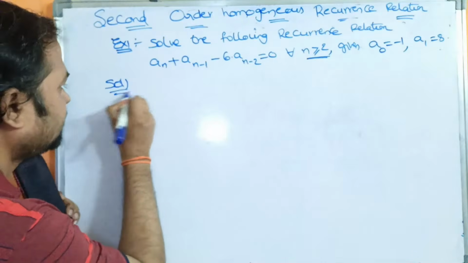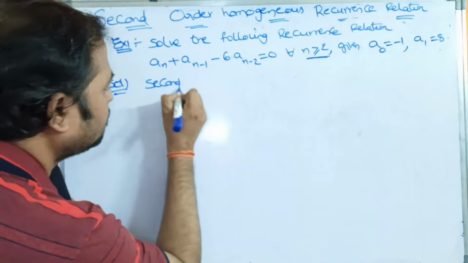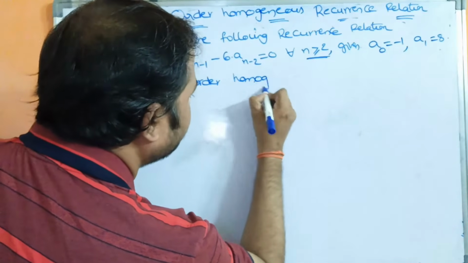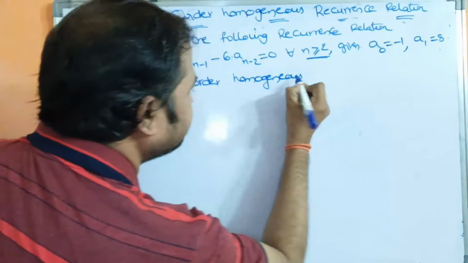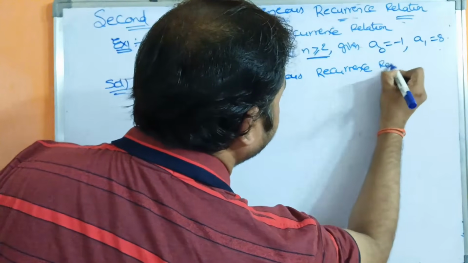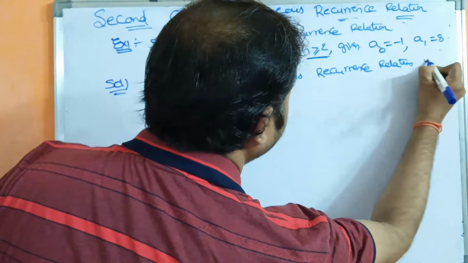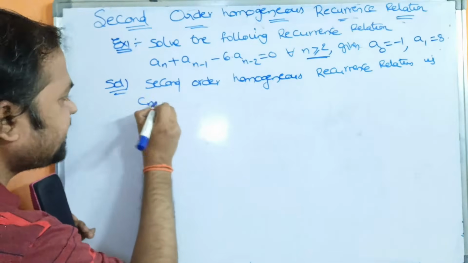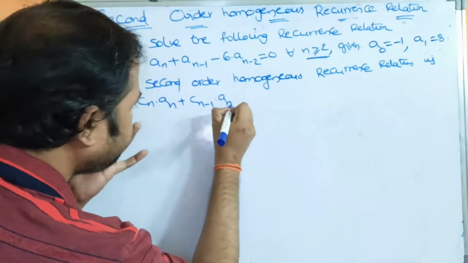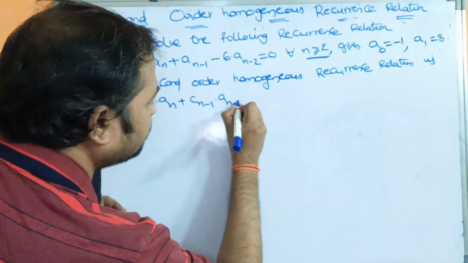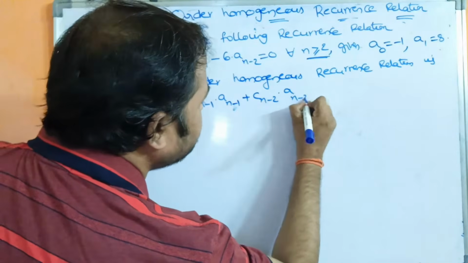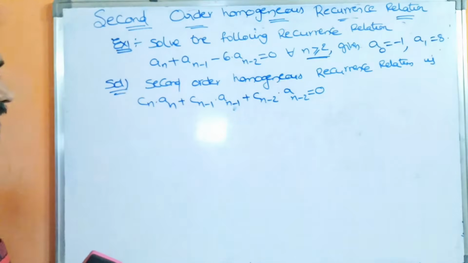Solution: the second order homogeneous recurrence relation is Cn into an plus Cn minus 1 into an minus 1 plus Cn minus 2 into an minus 2 is equal to 0.